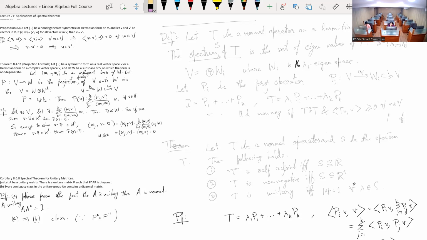In fact, you can choose an orthonormal basis of each Wi as well. And let Pi be the projection operators like we did earlier. Then I is P1 plus up to Pk.